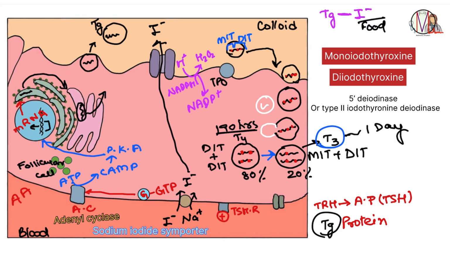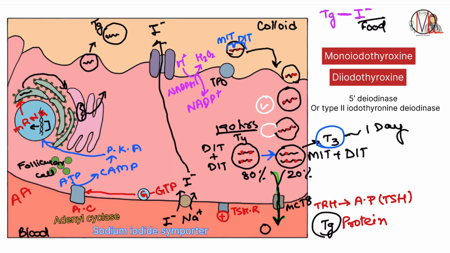And finally, T3 and T4 are released into blood via MCT8 transporter, because T3 and T4 are the only lipophilic hormones with charged amino acids and require specific transporters to diffuse across the lipid bilayer.